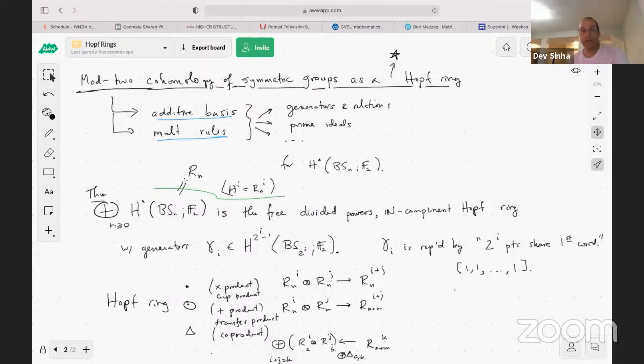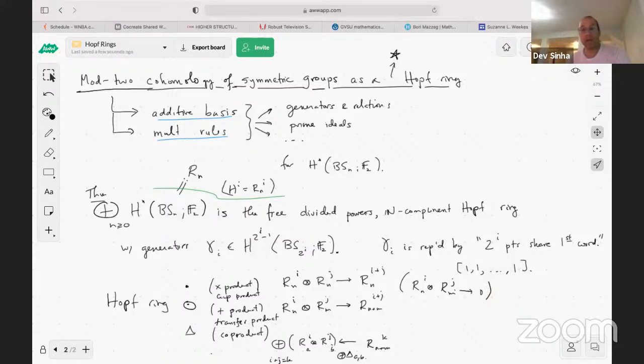The n component is part of this. So R_n^i tensor R_m^j is just going to go to 0 under this product. So that's what we mean by a component Hopf ring.